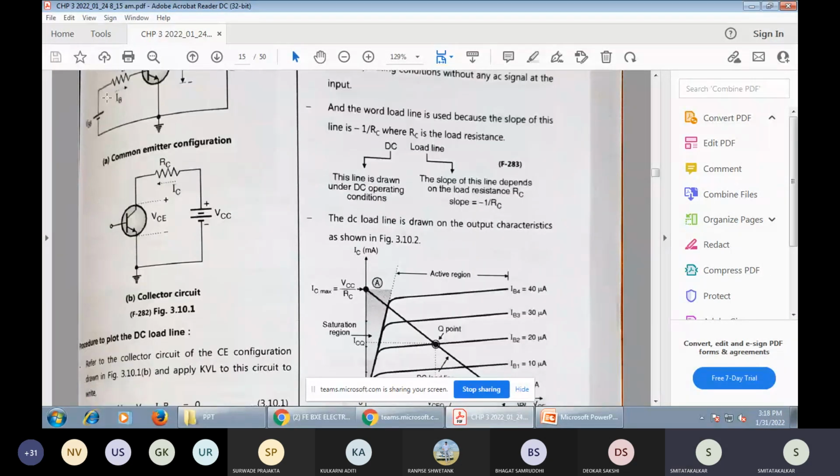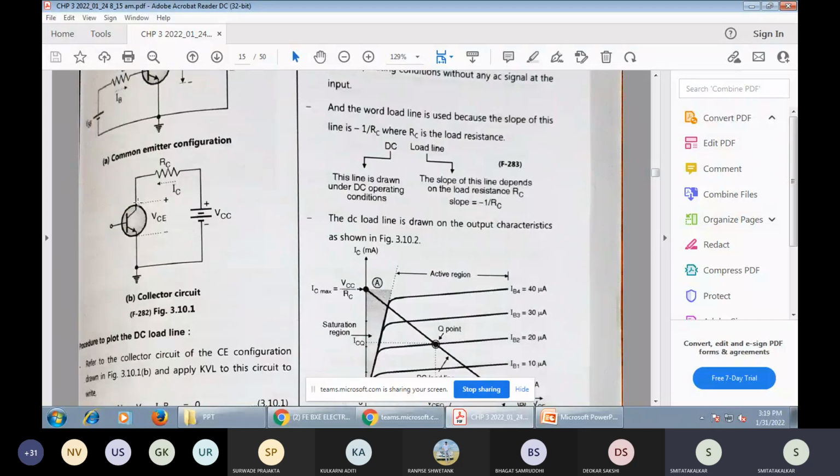Then here the emitter input biasing, I will remove. Only the collector circuit in diagram B. Look at only the collector circuit: the base is open and the emitter terminal is ground. And here RC is the collector resistor. The current flows from the positive supply to the N region.